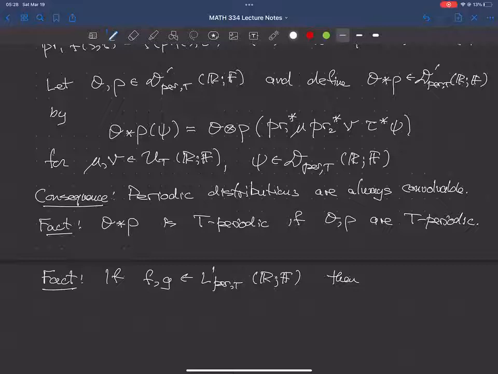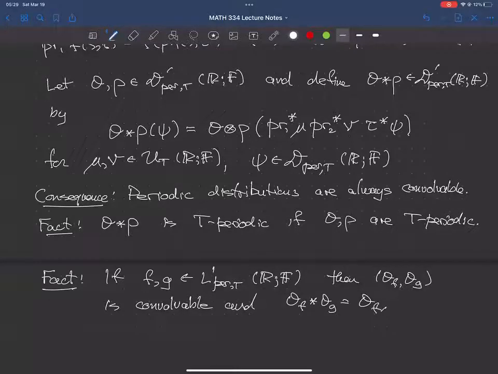So that's also true when we convert them to distributions. And of course, the convolution of the distributions is the distribution of the convolutions.